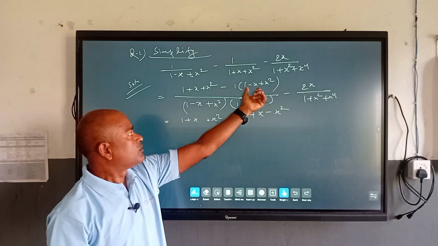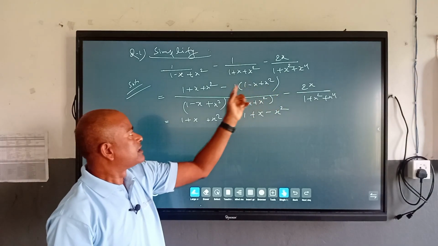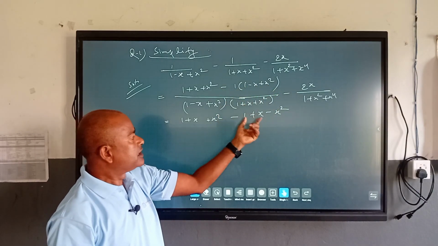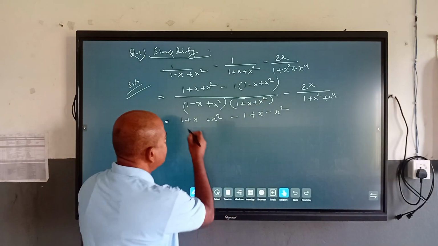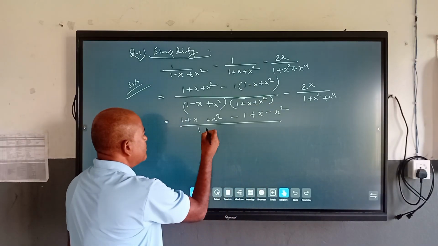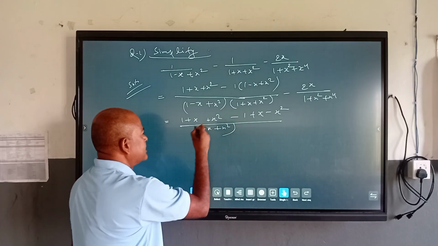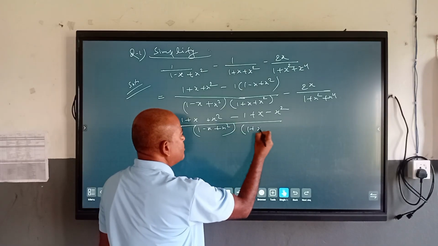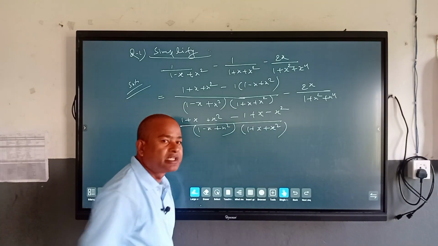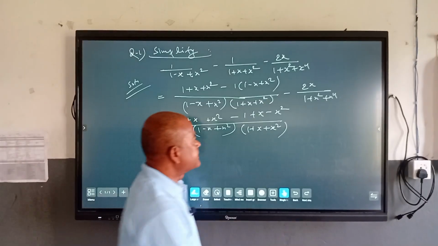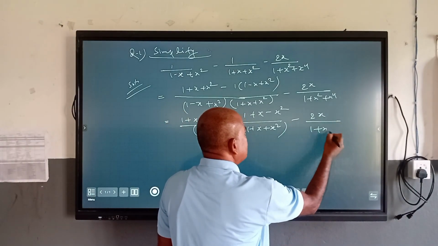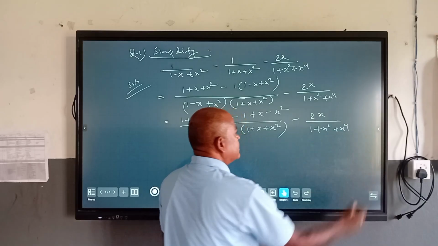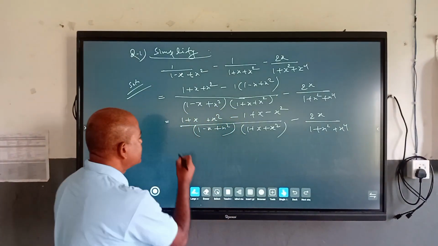So if we multiply 1 minus x plus x square with minus 1, then we get minus 1 plus x minus x square. 1 plus x square, keeping as it is. So the LCM will keep as it is, minus 2x over 1 plus x square plus x⁴.